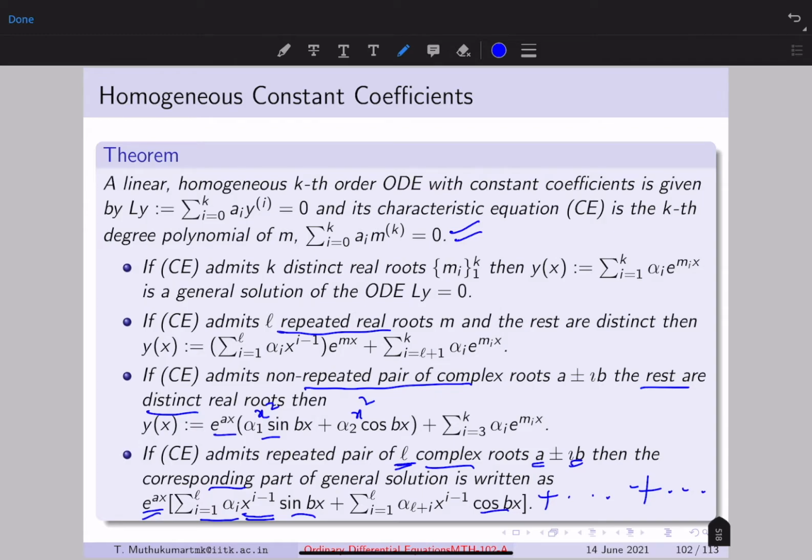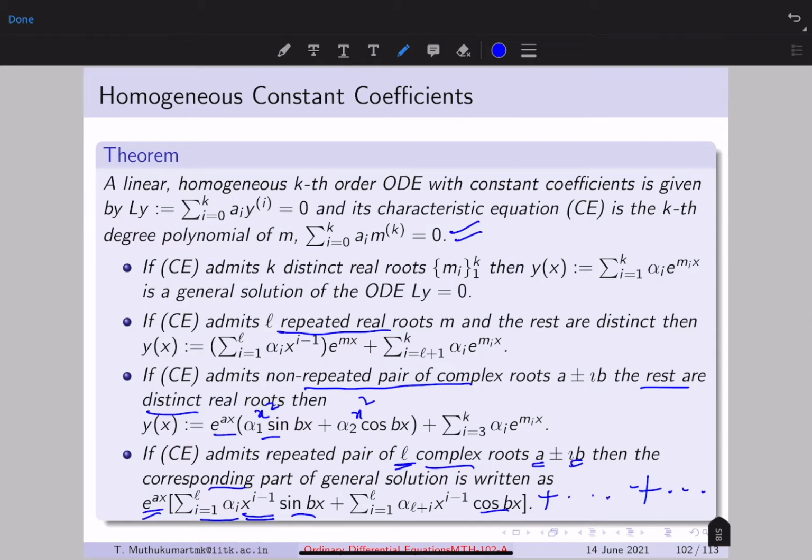So you see what this theorem has done. This theorem has reduced solving a differential equation, which is a linear homogeneous constant coefficient differential equation, a special case, to solving an algebraic equation, right? So you just solve an algebraic equation, and depending on the roots of the algebraic equation, you can write down the general solution of the differential equation.